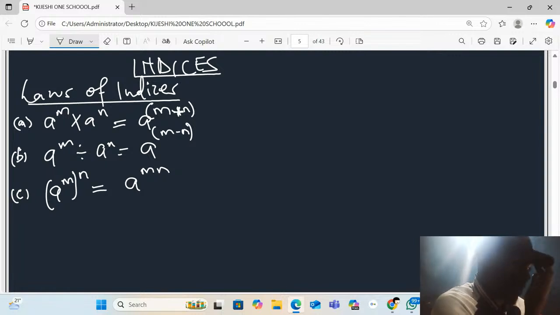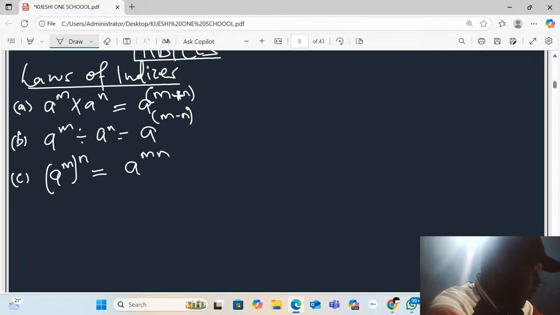So those are the 3 basic laws of indices that we know. We're going to look at more as we continue. But for a start, you can look at those ones.